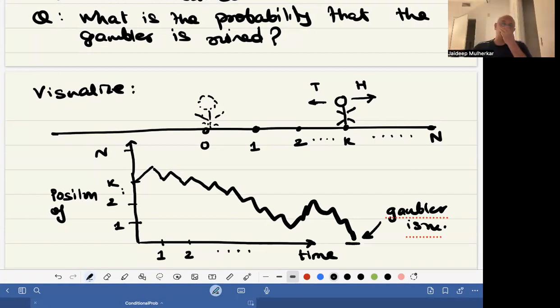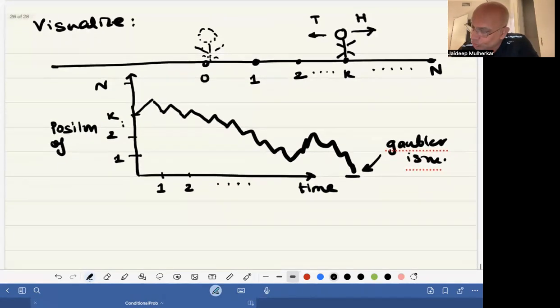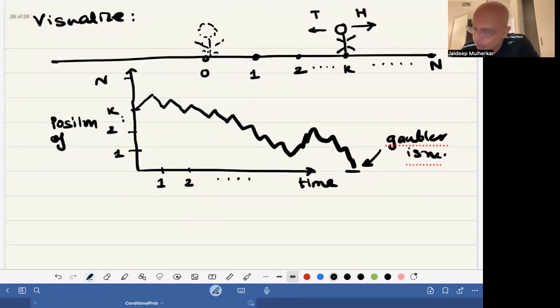But the total number of paths is not quite easy to compute. In fact, there are infinitely many paths that don't go to the origin. For example, I could just move back and forth over here. So it's a little tricky problem. Of course, you could use some symmetry and so on, but let's do this problem with conditioning.